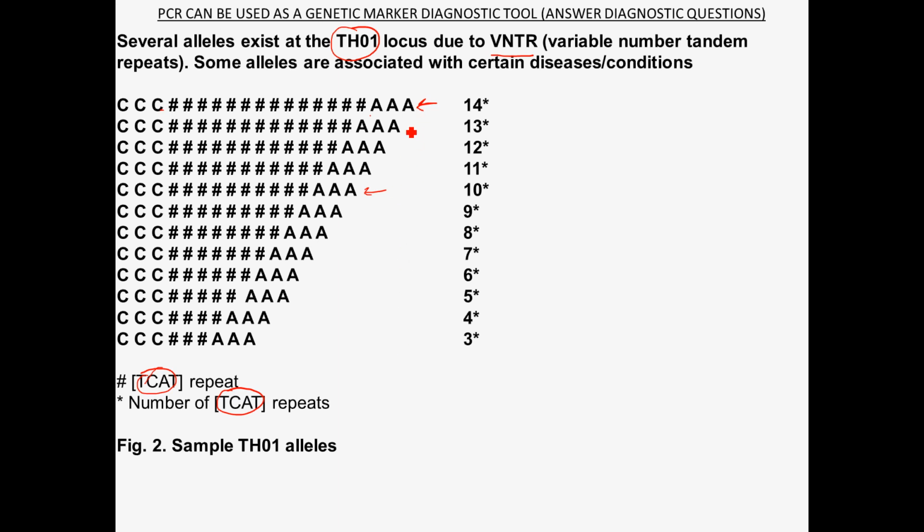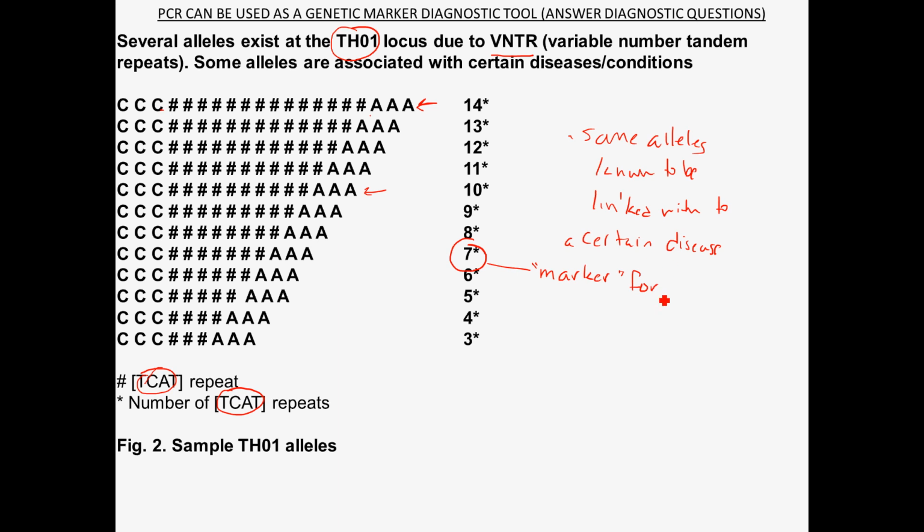Hypothetically, some of these alleles are known to be linked with a certain disease, meaning that if you have, let's say, a 7, we would say that having that is a marker for disease X.